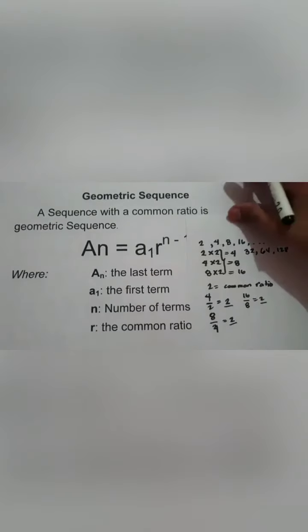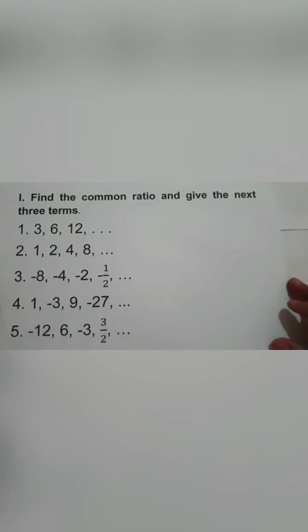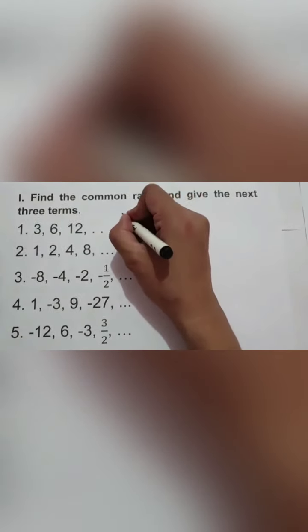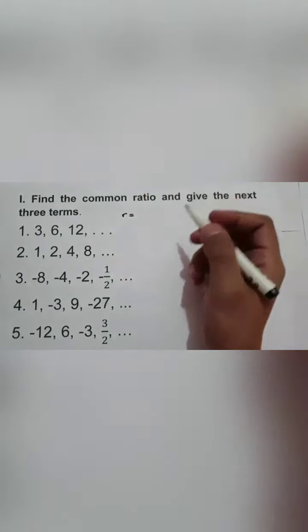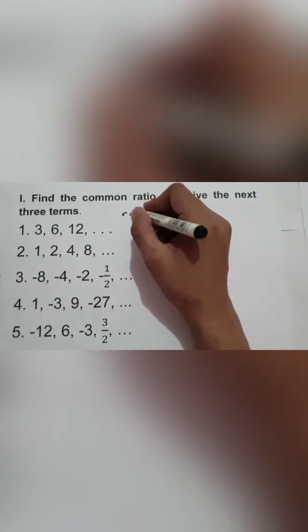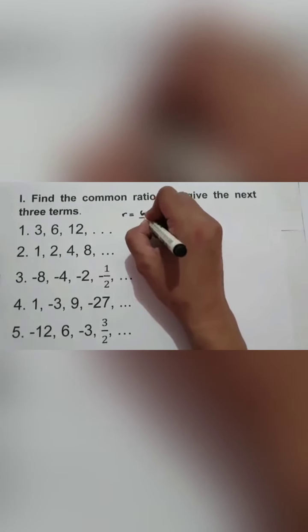So let's have an example. We are going to find the common ratio and give the next three terms. For example, 3, 6, 12. First, let us find the common ratio. The common ratio is denoted by small letter r. To find the common ratio, simply divide the second term by the first term. That is 6 divided by 3.